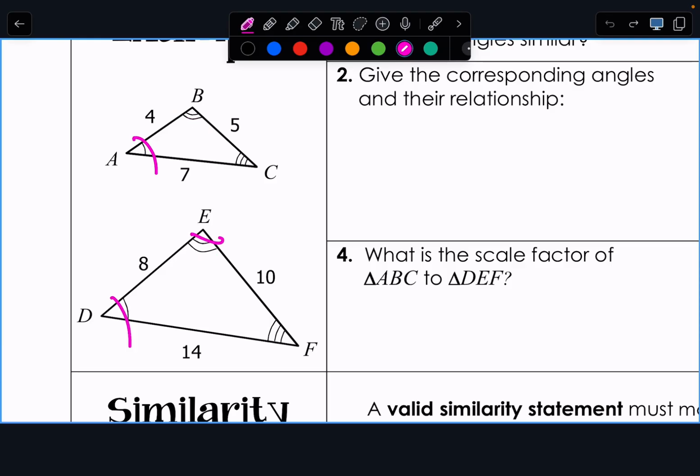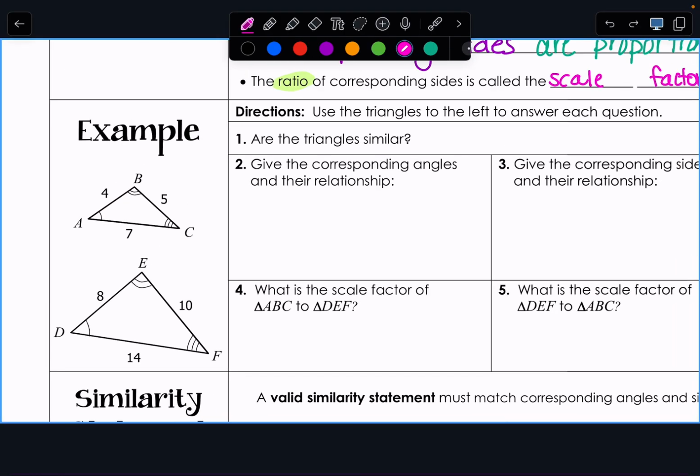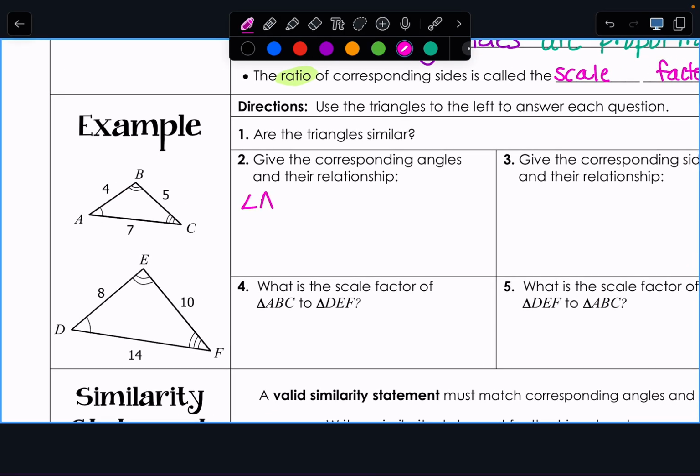Let's list those out in this number 2, and we'll come back to number 1. So angle A is congruent to angle D, right? Because they both have the one swoop there. Who is angle B congruent to? Angle E. Who is angle C congruent to? Okay, so our angles are congruent. We can match them all.